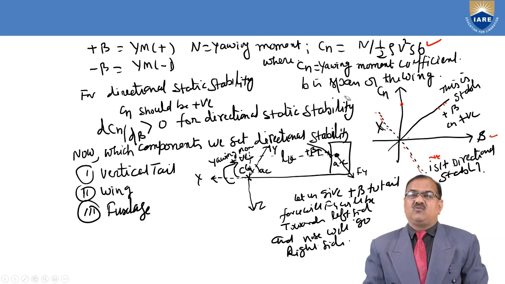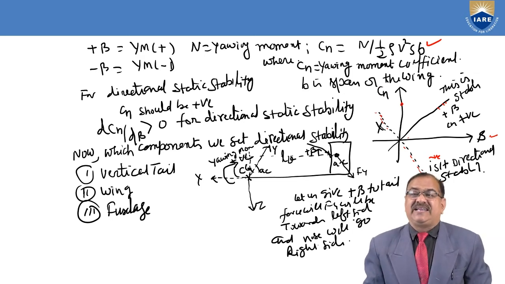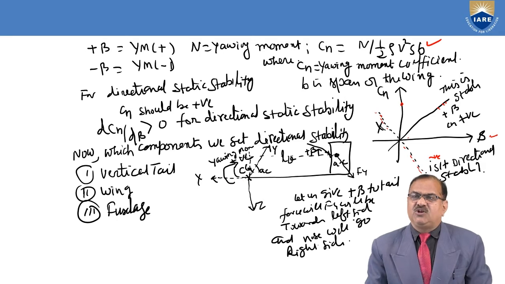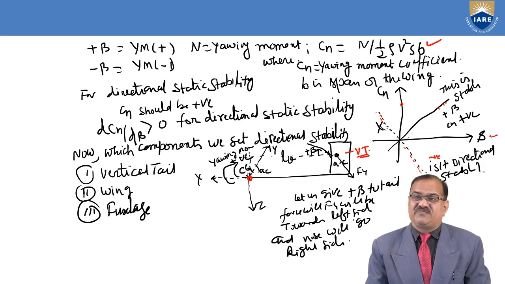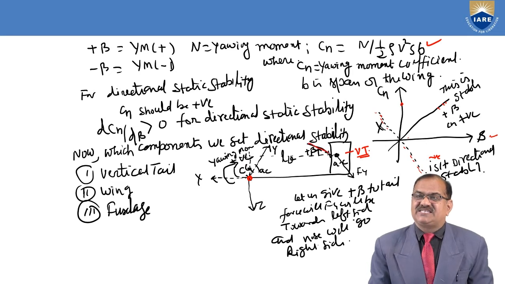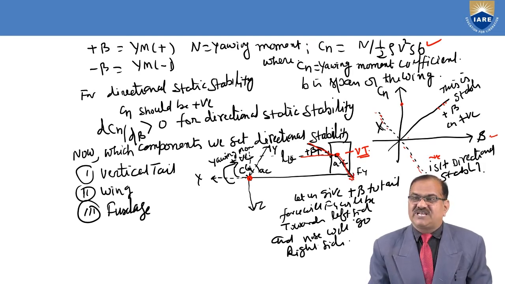Now, which components are taking part in this? Here we can see one diagram: if this is your aircraft, this is the center of gravity, and here is the vertical tail. If a sideslip angle beta, a positive beta, interacts with this vertical tail, then it will generate a force Fy.